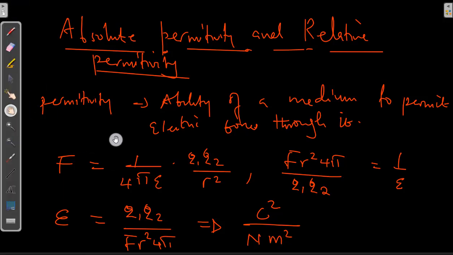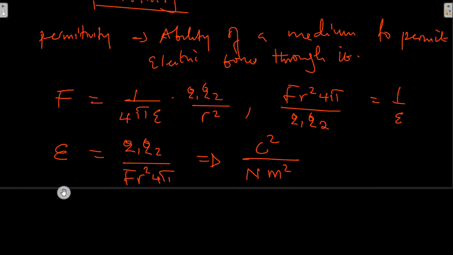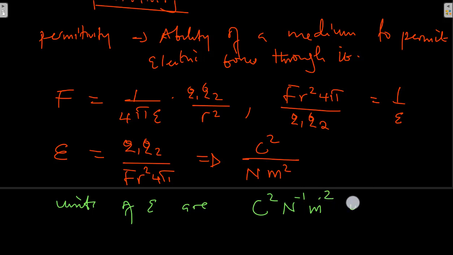So the units will be Coulomb squared divided by newtons and meters squared. So this is where we get the units. Okay, there we go. The units of permittivity being Coulomb squared per newton per square meter. Sometimes we use farad per meter.